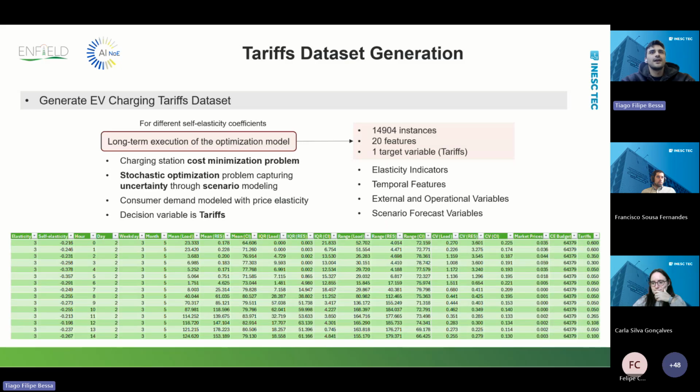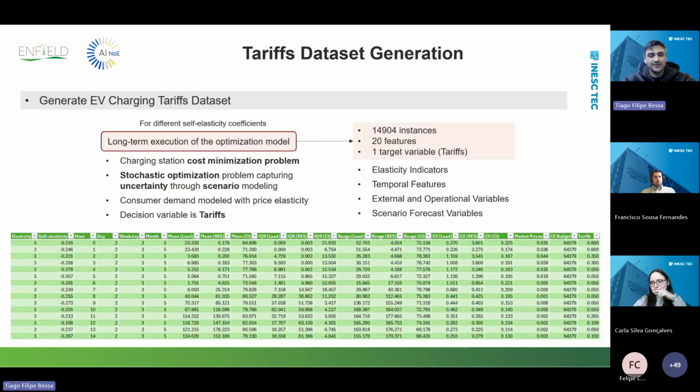So starting by the first stage, I think it's important first that we simply talk a little bit about the optimization model. This was not developed by me, it was developed by my supervisors, and it is essentially a charging station cost minimization problem. It's a stochastic optimization because it handles uncertainty regarding solar generation, carbon intensity from the grid, and load.